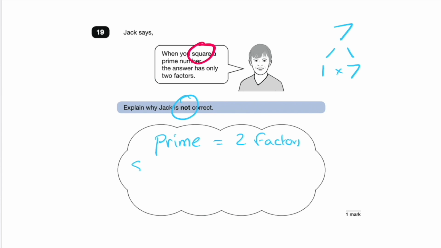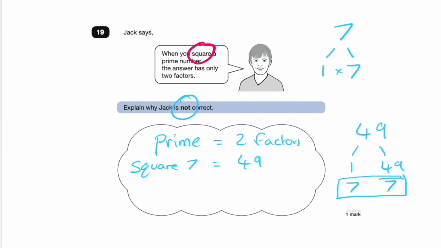So let's square 7, and 7 squared is 49. Well, now 49 has the factors 1 and 49, but it also now has 7 and 7, because it was 7 squared that actually made the number 49. So therefore, if we square a number, we're automatically giving it another set of factors, or another factor.